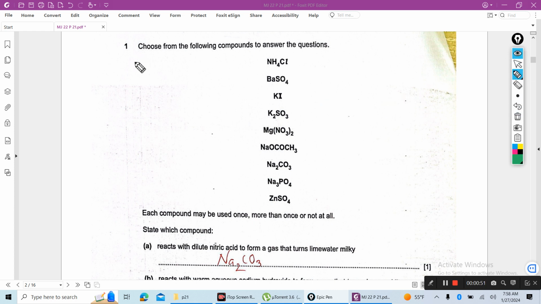Number 1, here there are some compounds. You know these names: ammonium chloride, barium sulfate, potassium iodide, potassium sulfite (K2SO3), magnesium nitrate, sodium ethanoate, which is the sodium salt of carboxylic acid, sodium carbonate, sodium phosphate, zinc sulfate.